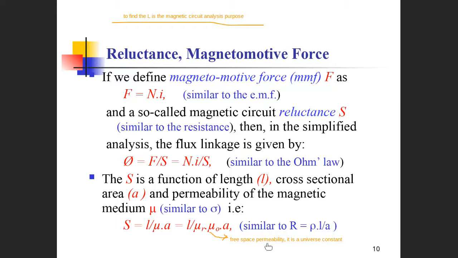So mu0 is the free space permeability. It is a universe constant. Okay, so this is reluctance.